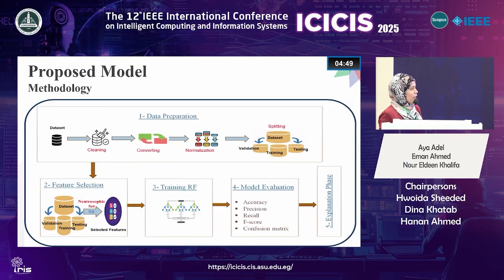Then we use random forest, which according to previous work proved its efficiency in classification. Then we use metrics to evaluate our model, and finally explain the predictions using explainable AI.